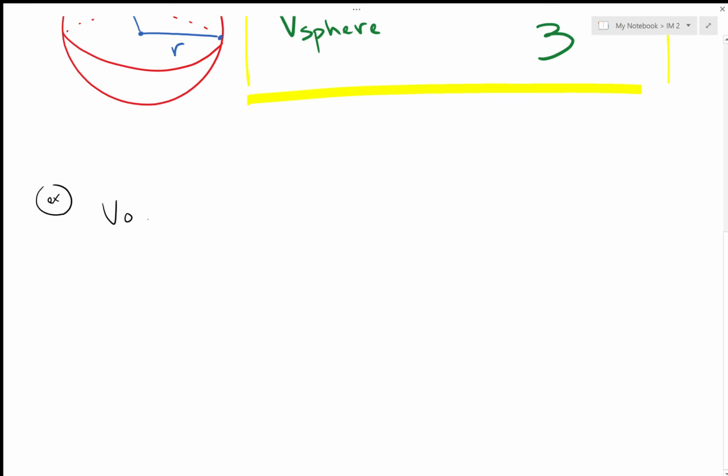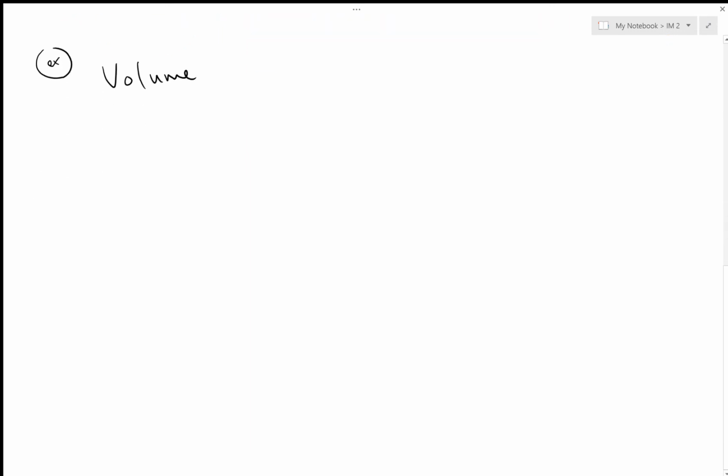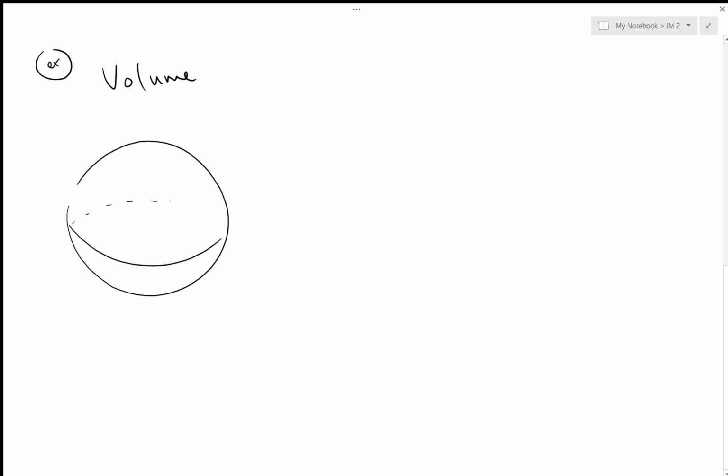All right, so let's go ahead and find the volume of our first sphere here. We've got our three-dimensional sphere shape, center of it, and then to the outside. And they tell us that this is 9 centimeters. Okay, and that is from the center to the outside, so yes, that is the radius. And remember, the volume of a sphere is 4 times pi r cubed over 3.